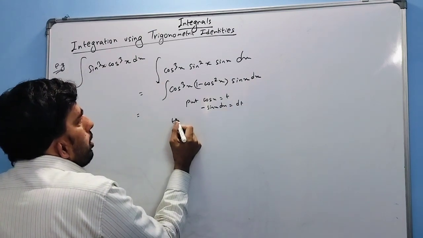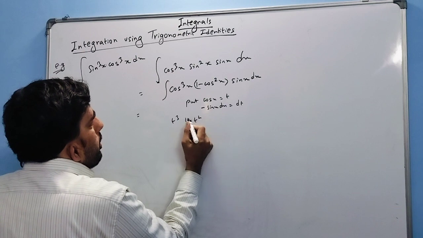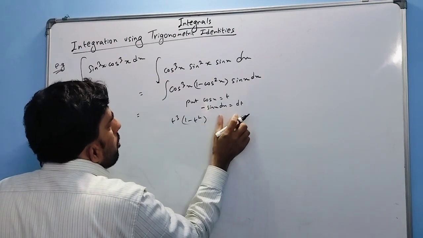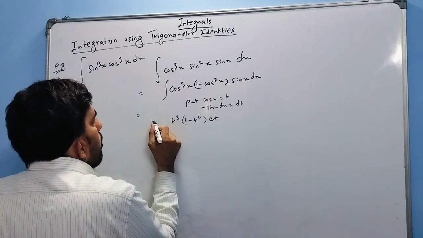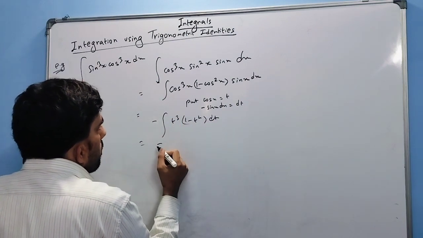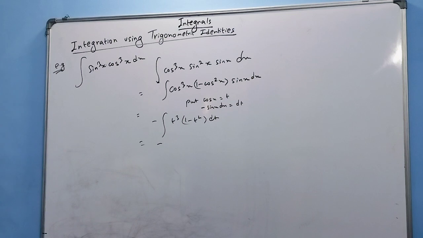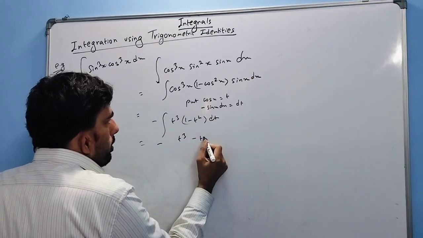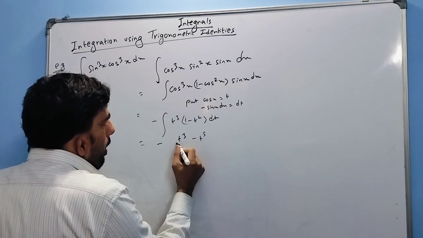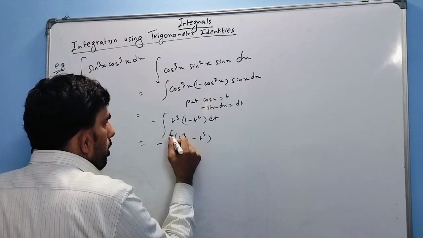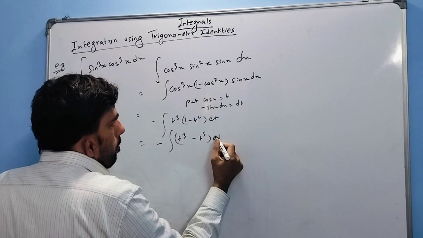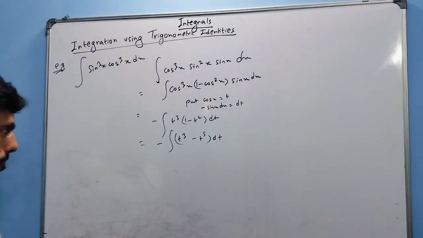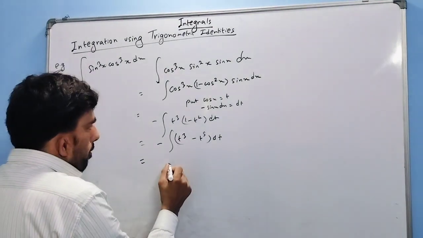So I will have t cube (1 minus t square) dt, but here we will have a minus sign. Now I multiply inside, t cube minus t to the power 5, dt. Now let's try to solve this.